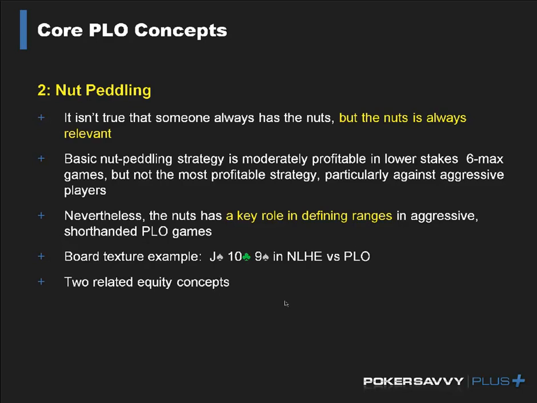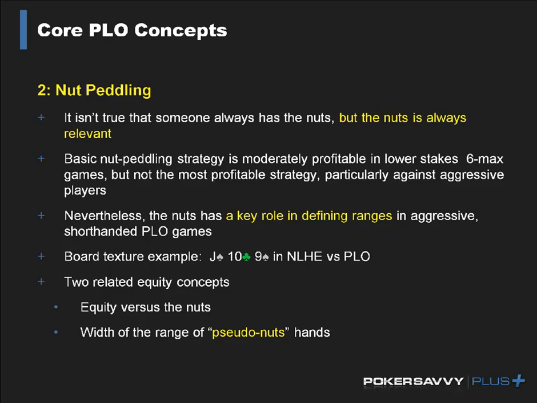So there are 2 related equity concepts along these lines. In addition to being things that you want to think about, they also define board texture to a certain extent, and I'll talk about that in a second. The thing you want to think about, whatever hand you have on a board like this, is what is your equity versus the nuts, because if you get stacks in, you will be facing the nuts a significant amount of the time.